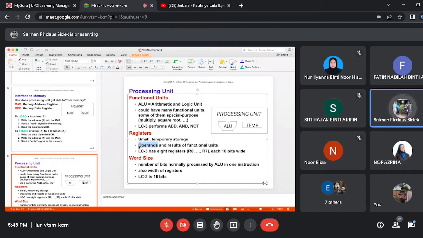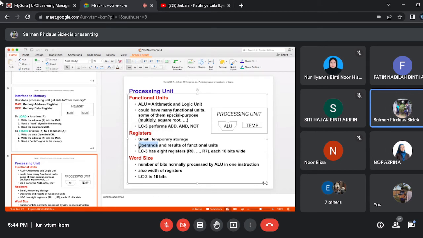So what is operand? Operand is data. So what is data? Data is the sources of the operation. For example, 1 plus 2. So 1 and 2 are the sources, the operands, the data. While the plus is the operation in the ALU.